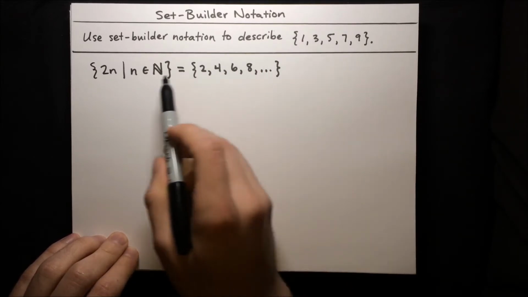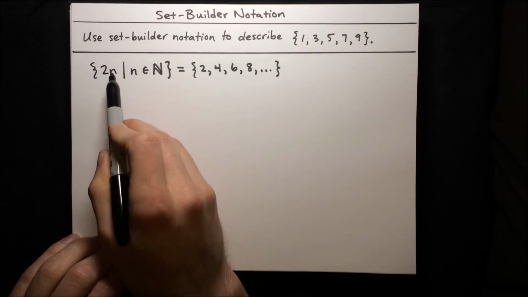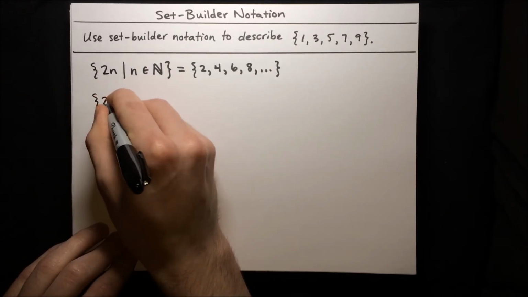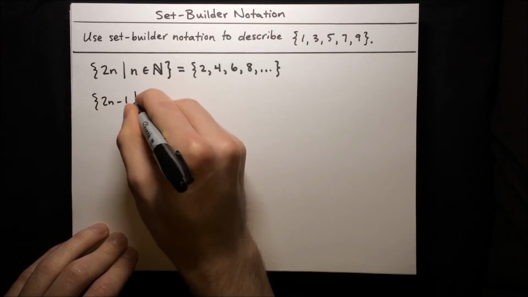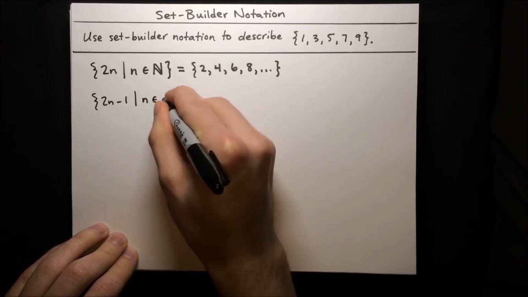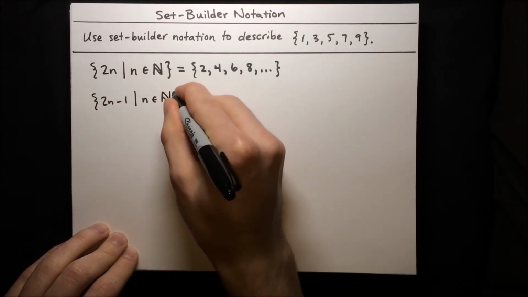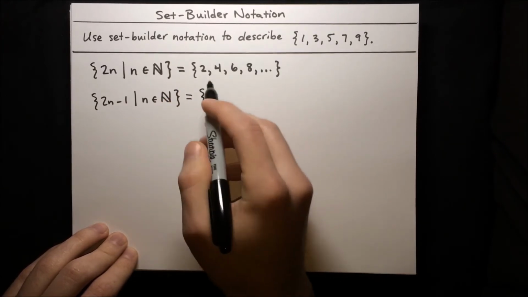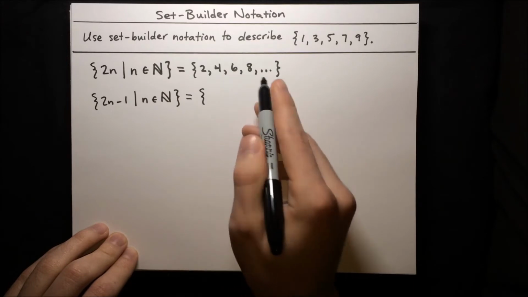So let's adjust our formula here. 2n, and let's subtract 1 from that. So write 2n minus 1 such that n is in the set of natural numbers. Alright, so that set then is going to be all of these elements minus 1.